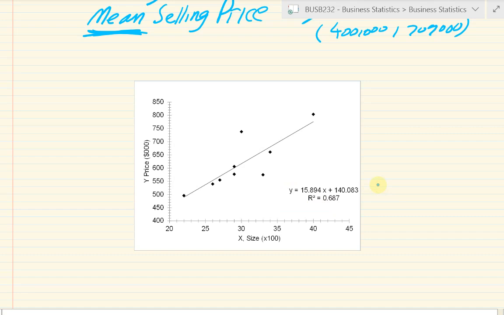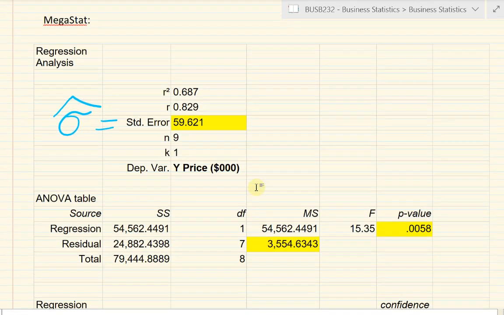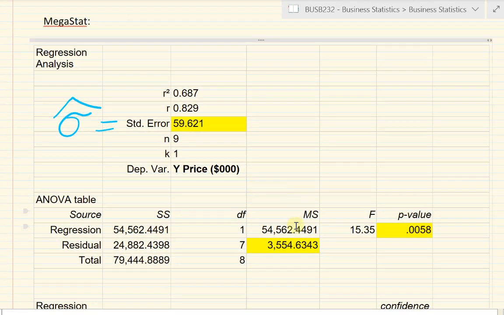Horizontal axis is size, vertical axis is the price. Okay, and there you go. Now let's go together to Megastat and let's get exactly this output from Megastat, and then that will complete our lecture. So let me pause and go to Megastat.